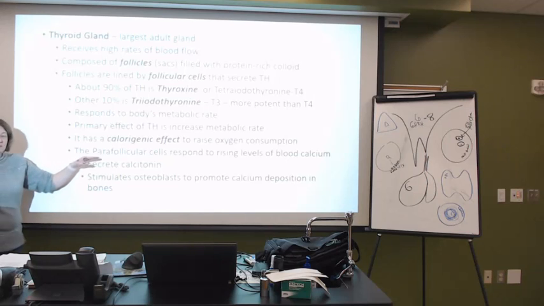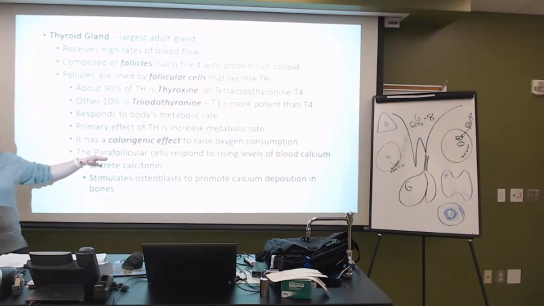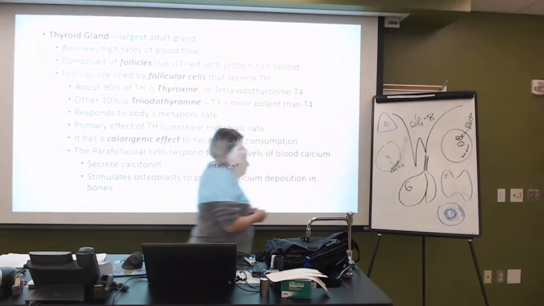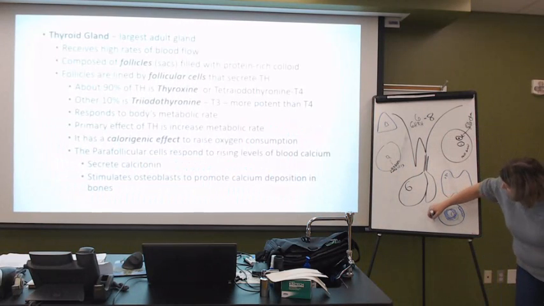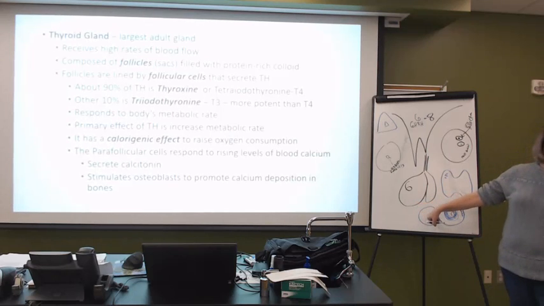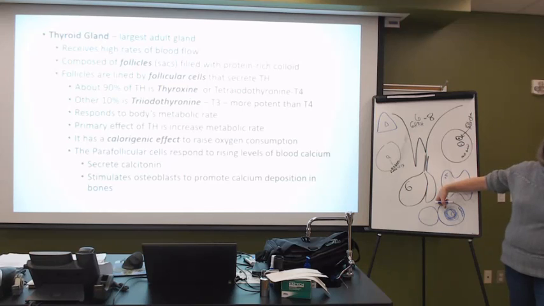Now, in the cells of this part of the thyroid gland, if this is being called a follicle, I have some cells now that are parafollicular. Para means what?